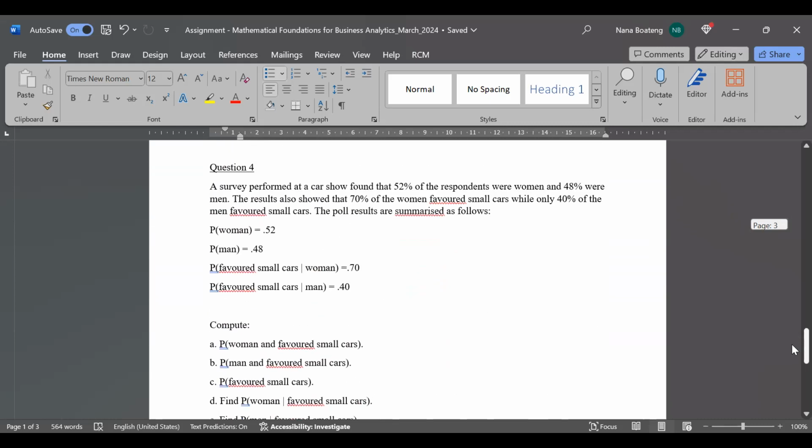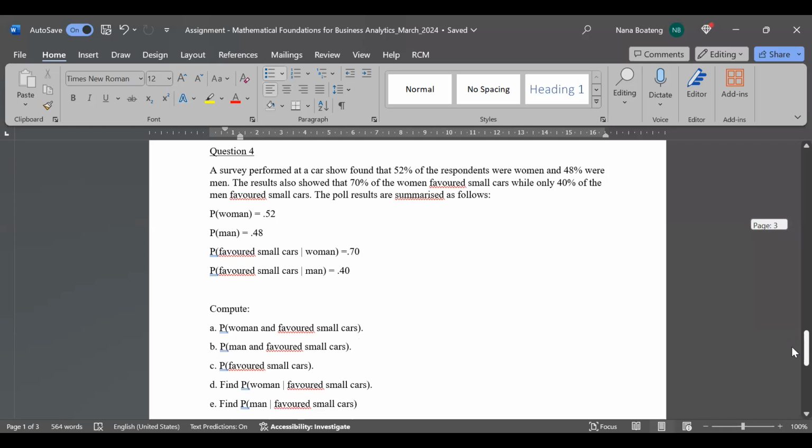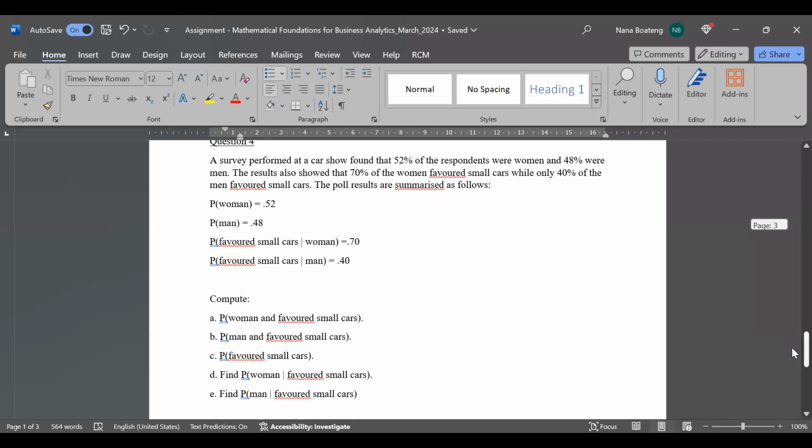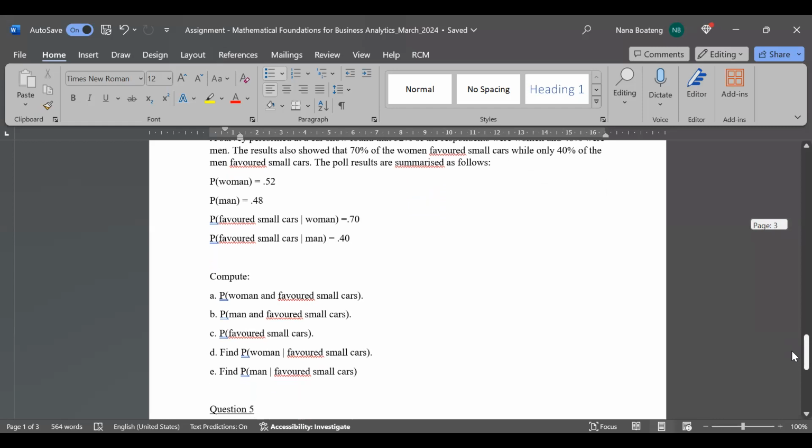Question 4. A survey performed at a car show found that 52% of the respondents were women and 48% were men. The results also showed that 70% of the women favored small cars, whilst only 40% of the men favored small cars. The poll results are summarized as follows. The probability of a woman is 0.52, man 0.48. Favor small cars, given that the person is a woman, 0.7.